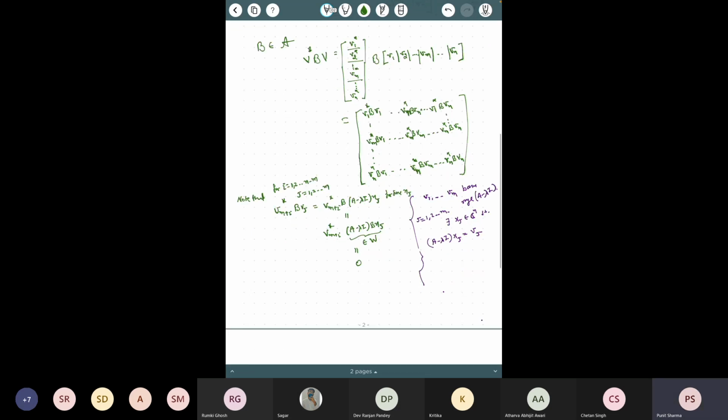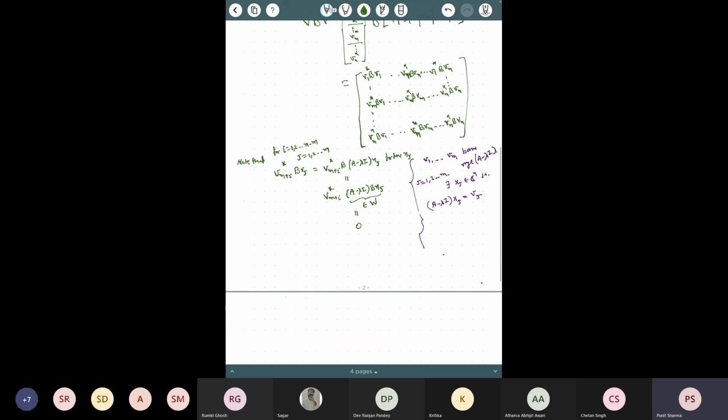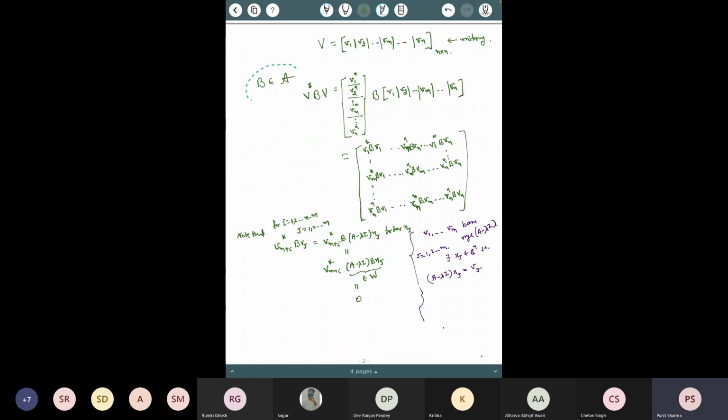So basically what you see here is that for any matrix B in this family, if you do V star BV, then it would be of this form.